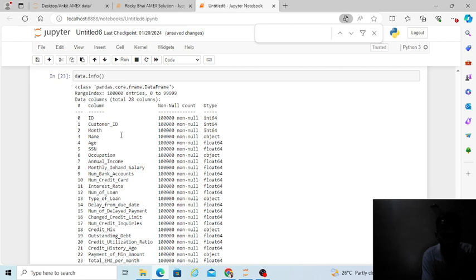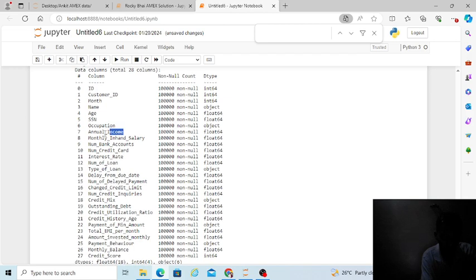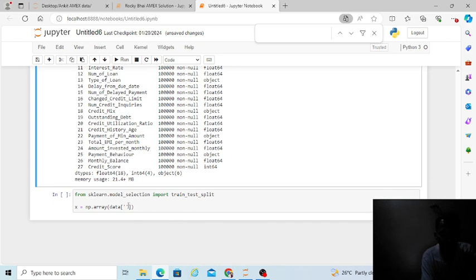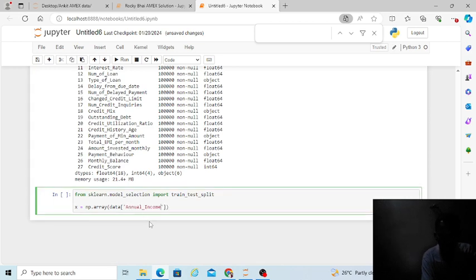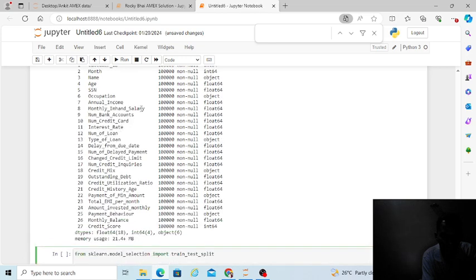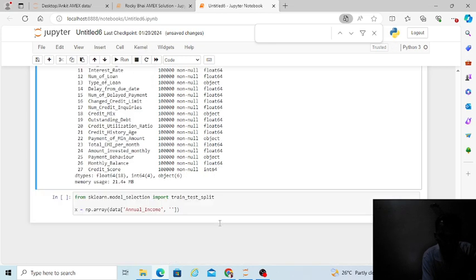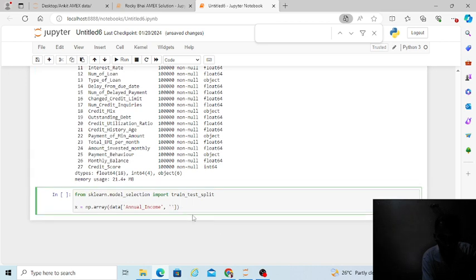Customer ID and ID is not needed, month, name, age is not needed, annual income is needed because this will have effect. Annual income. Now monthly in hand salary. Monthly in hand salary.